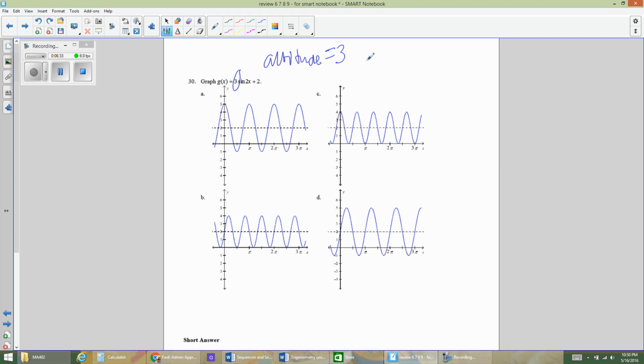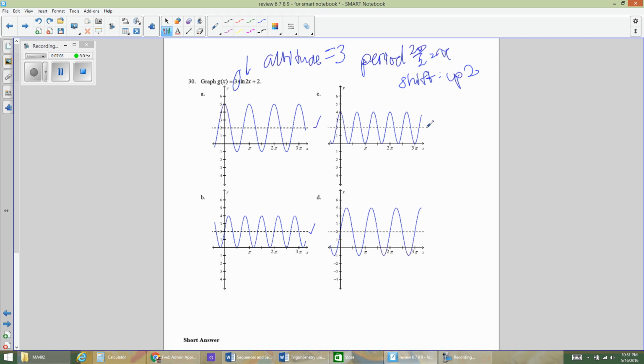And then the period is this number over 2 pi. So it would be 2 pi over 2, which is just pi. And then the most important thing, considering we have a multiple choice question, is the shift is up 2. So now that we know these important things, we should be able to pick our multiple choice answer really easily.